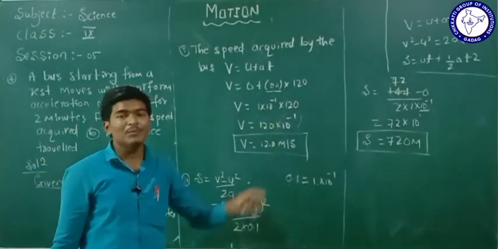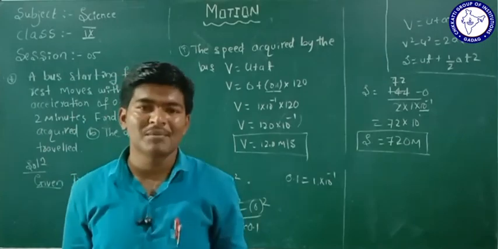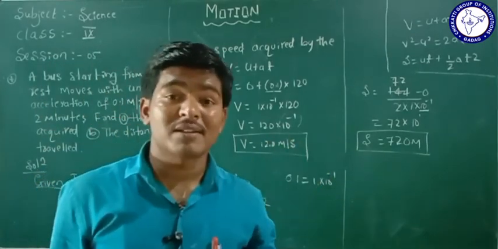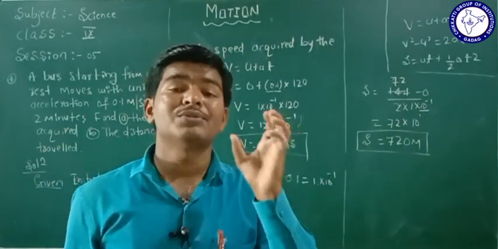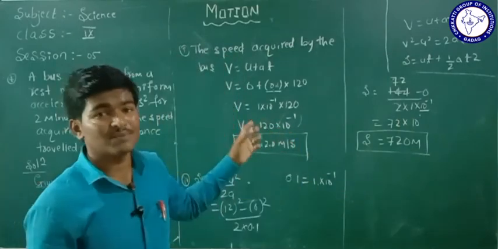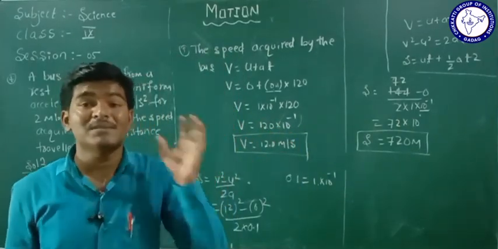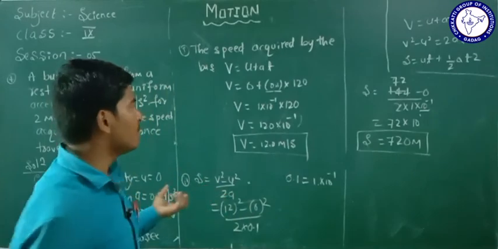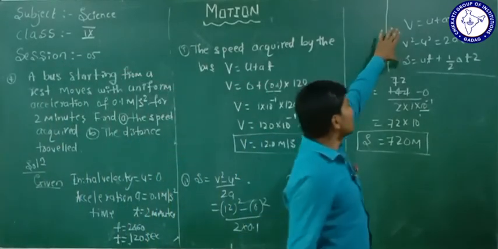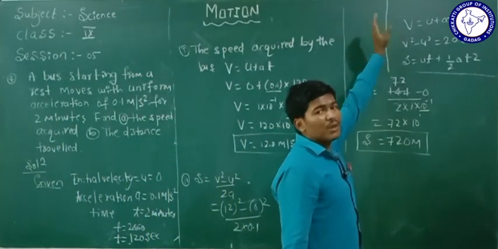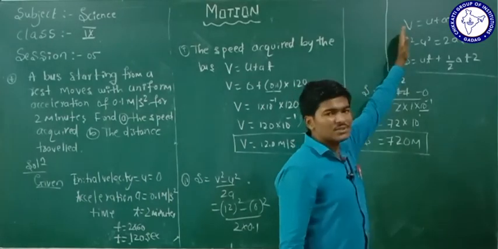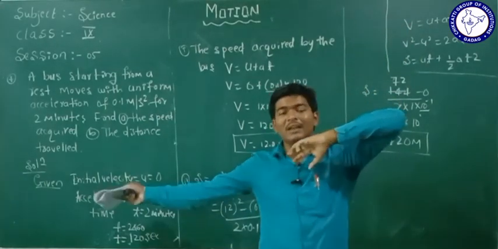These types of problems may be asked in your examination as a 2 to 3 marks or a 4 marks question. So you have to concentrate on these problems and practice more on them. They are very simple. You have to remember these 3 expressions. By using them, we can easily calculate the asked data.